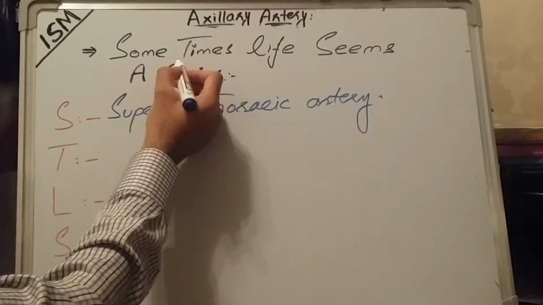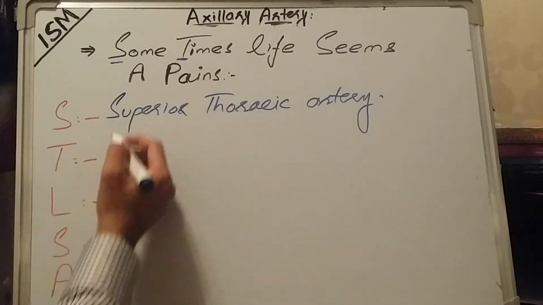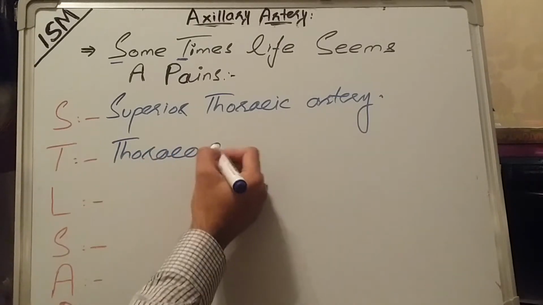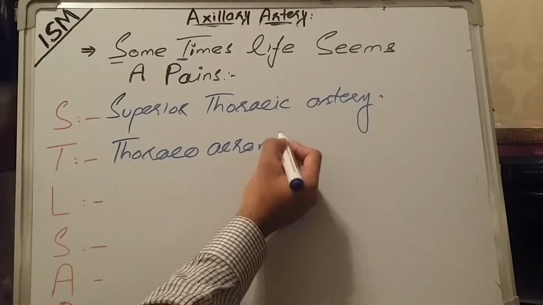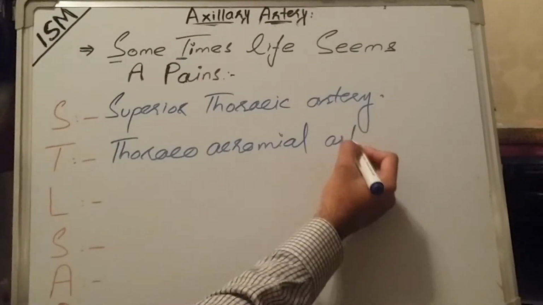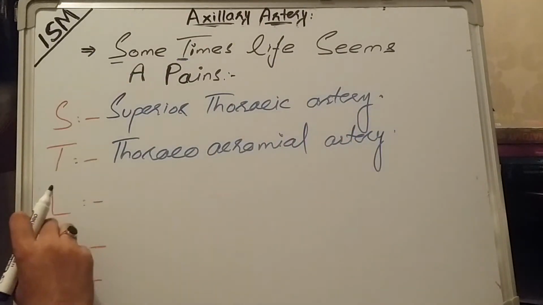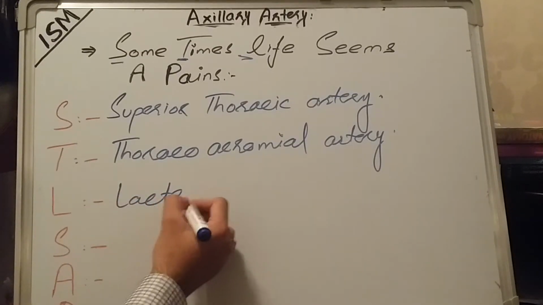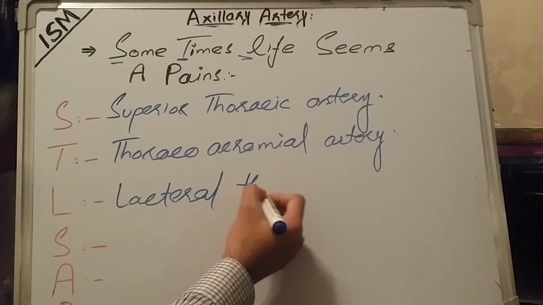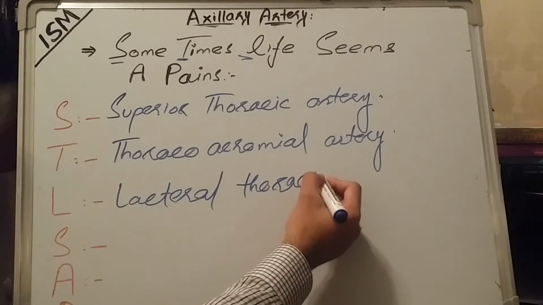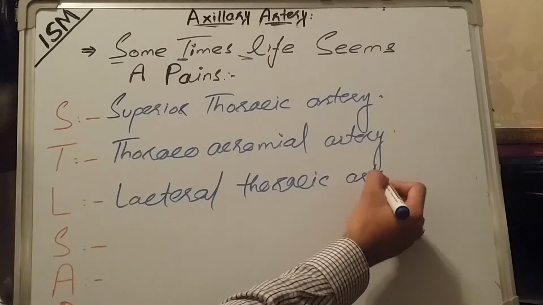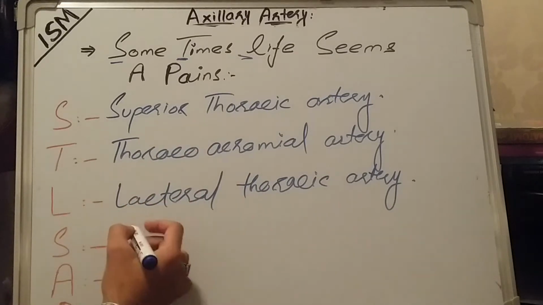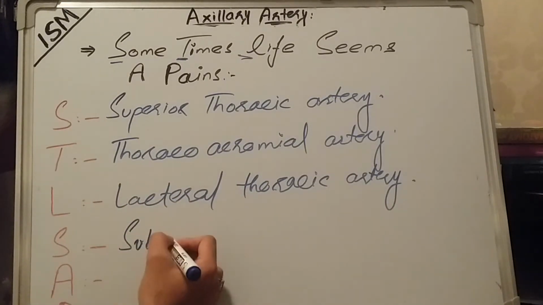The second one is the thoracoacromial artery. The third, L, is the lateral thoracic artery. S stands for the subscapular artery.